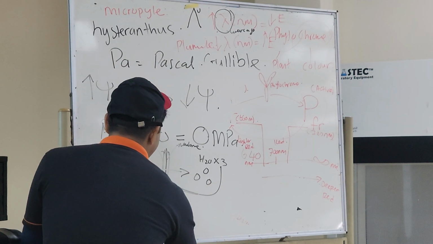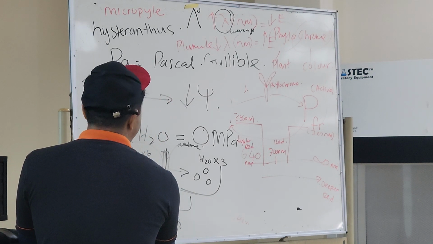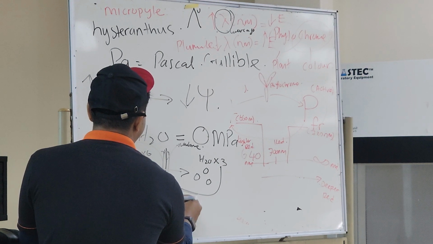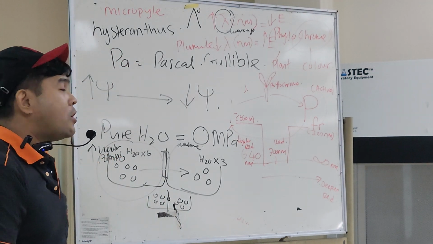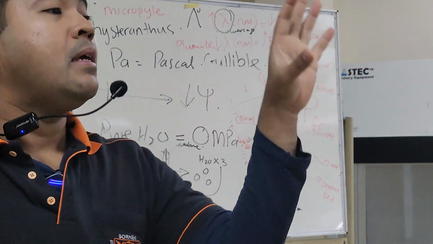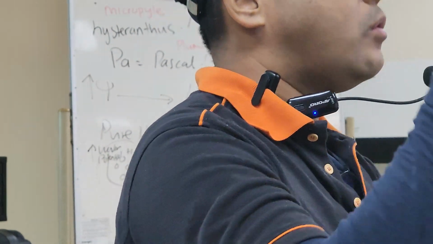And now eventually they're going to become, how many? 6, 3, 9. So 1, 2, 3, 4, and 1, 2, 3, 4, in the middle. Can you see that? So when you have a high water potential, it means that that system is containing more water molecules. As simple as that.